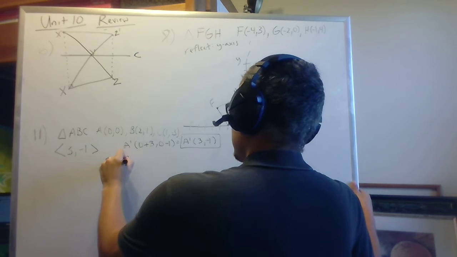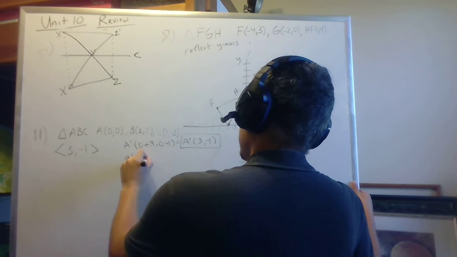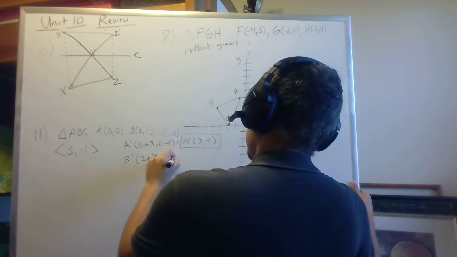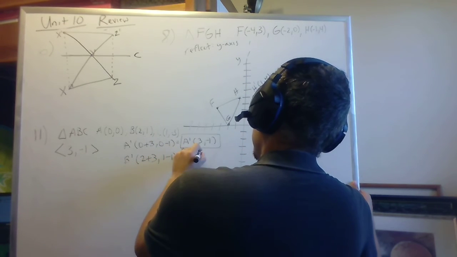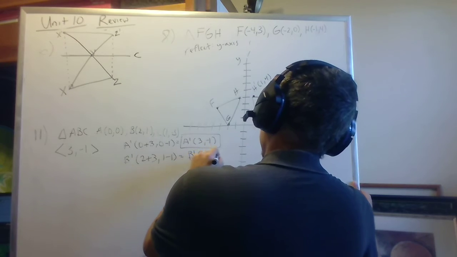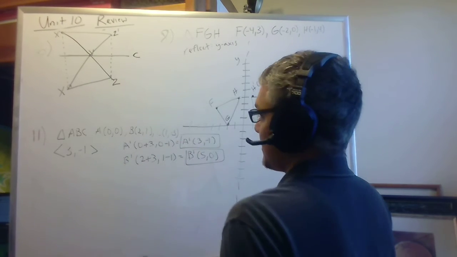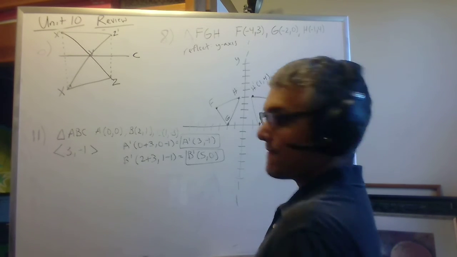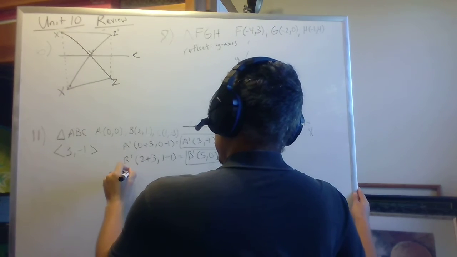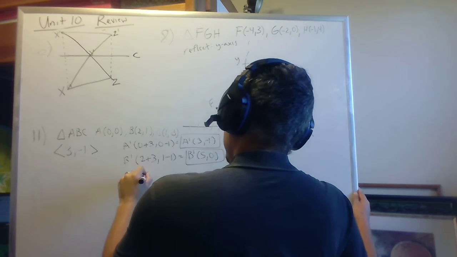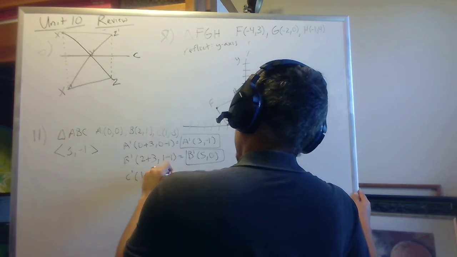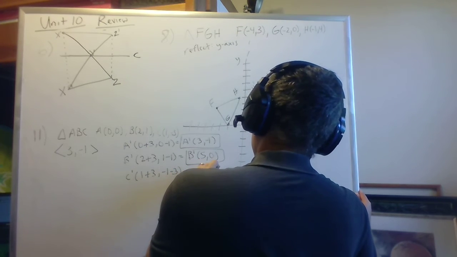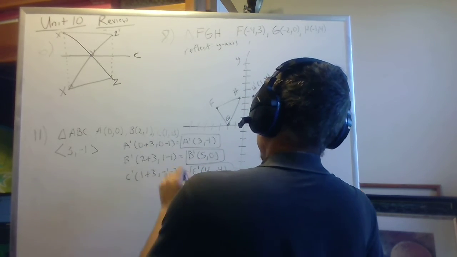B prime is going to be 2. We're going to add 3, and then 1 minus 1. So B prime is going to equal 5, 0. That's the new coordinate of B after translating it to the right. Okay? And now C prime is going to be 1 plus 3 and -1 minus 3. So C prime is going to equal 4, -4 after the translation.